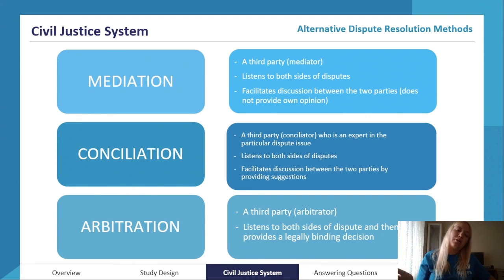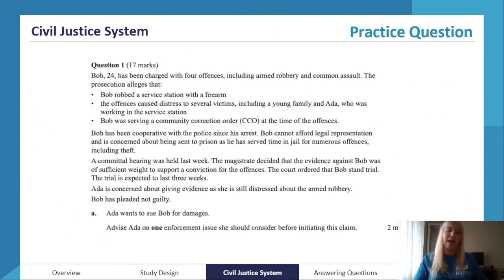Okay. Now, the only exception is if you go to mediation or conciliation through the courts, like the judge sends the plaintiff and the defendant to mediation or conciliation before a trial. If it's done through the courts, then it might be legally binding. You might sign a contract that says an outcome has been reached and this is the outcome. Okay?